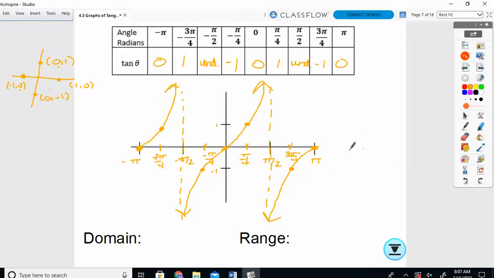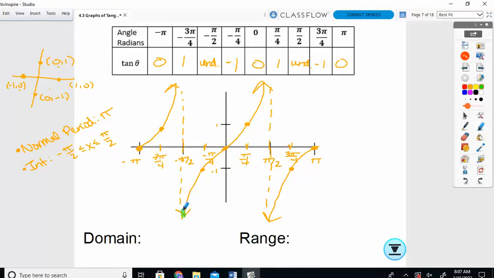So tangent and cotangent are going to be a little bit different. The normal period of this one is only pi instead of 2 pi, because that's how long it takes before it starts repeating. When we graph it, we are going to pick the interval from negative pi over 2 to positive pi over 2.